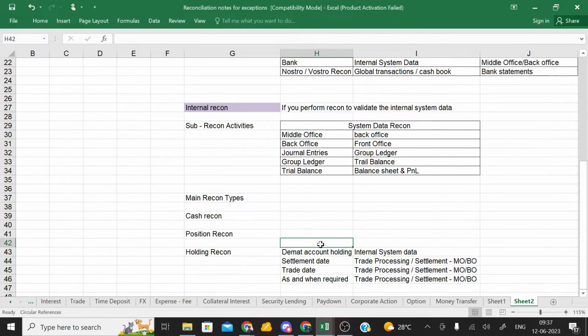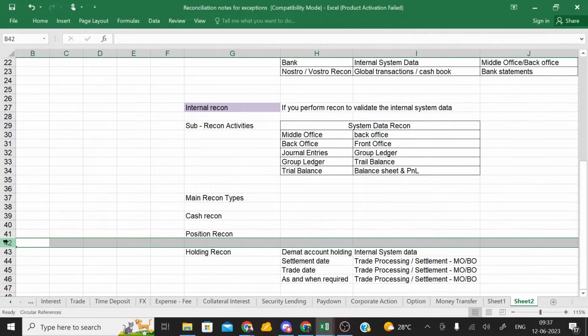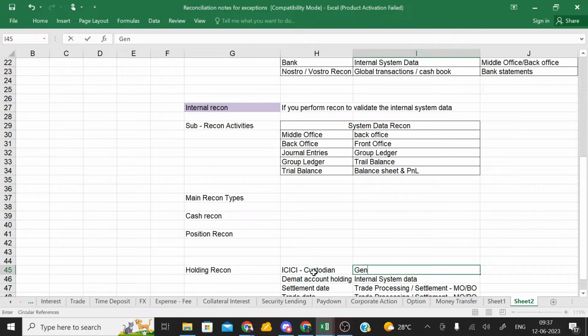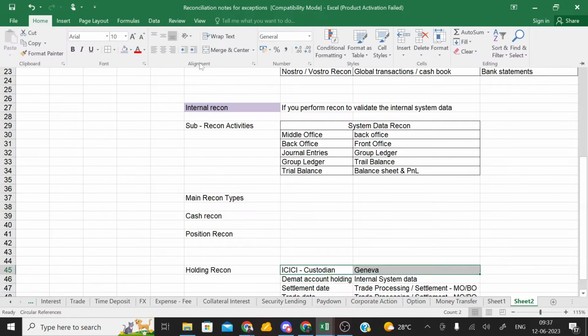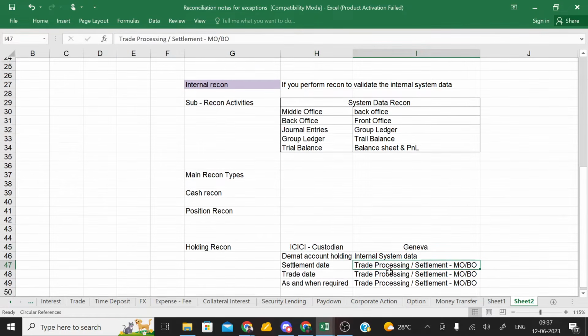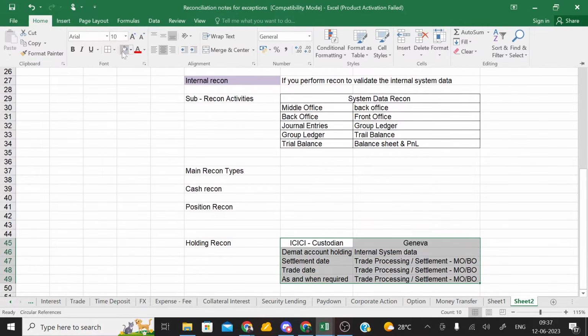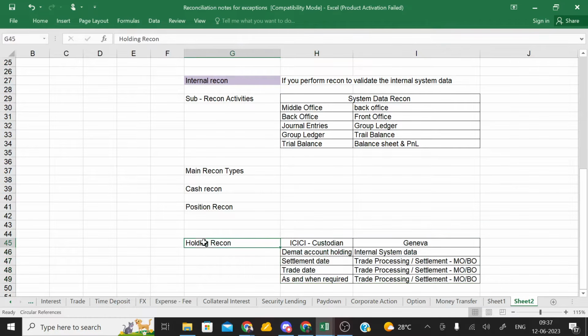For example, let's say ICICI is the custodian, and the internal system which you have is Geneva. So it means Geneva transactions versus ICICI broker transactions for the same account that you can match or tie. This is how you can perform a recon. So that recon becomes your holding recon.